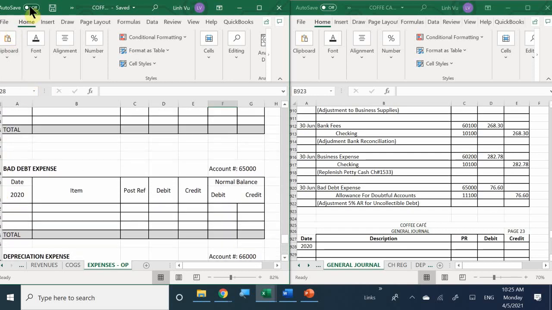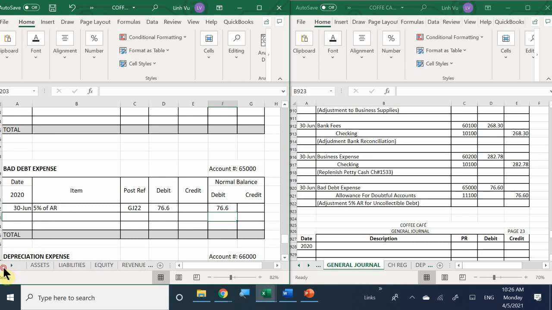I'm also going to indicate here 5% of AR, for accounts receivable. Okay, general journal number 22, and it is for the 76.60.